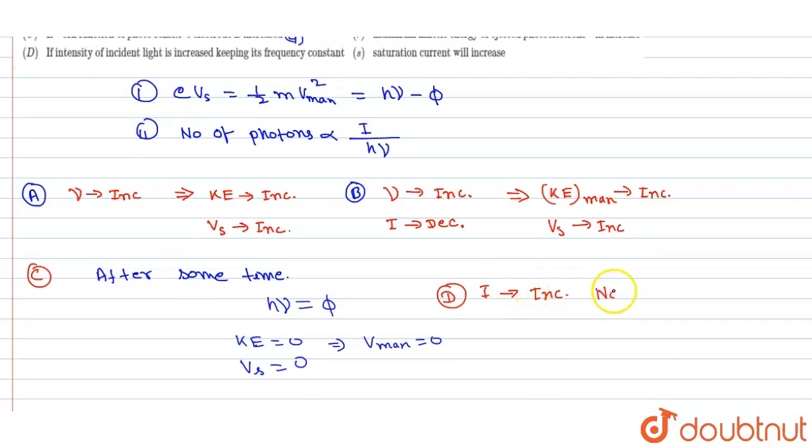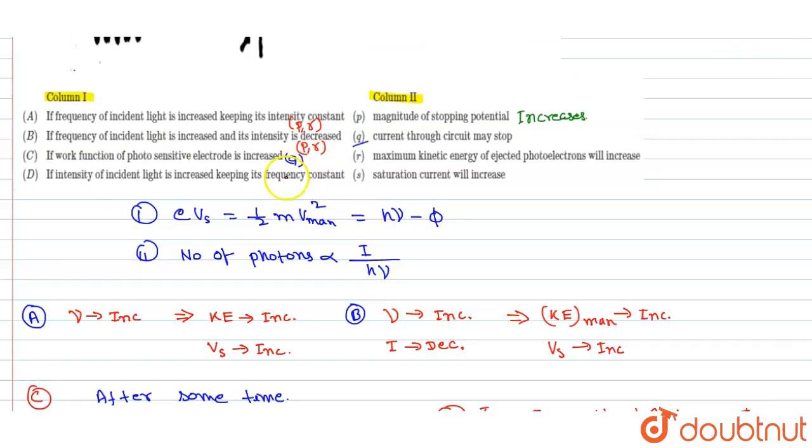If the number of photons increases, the saturation current will increase. So the D part we can match with S. So in this way, we can solve this question. Hope this answered your question.